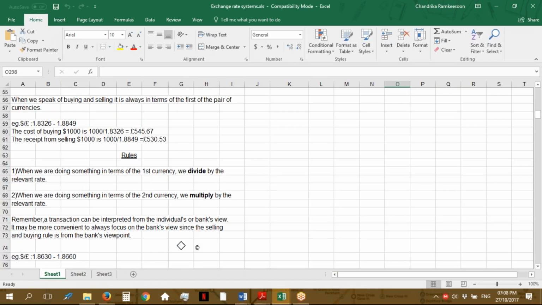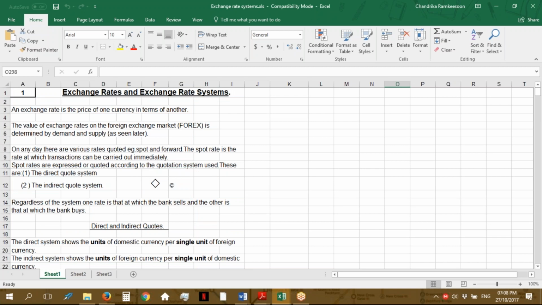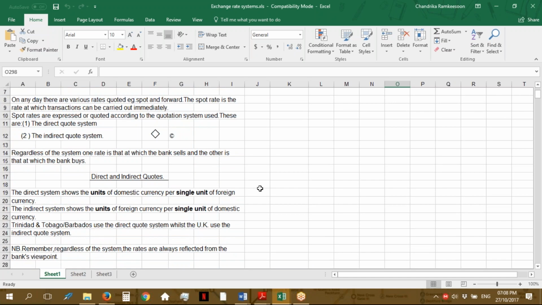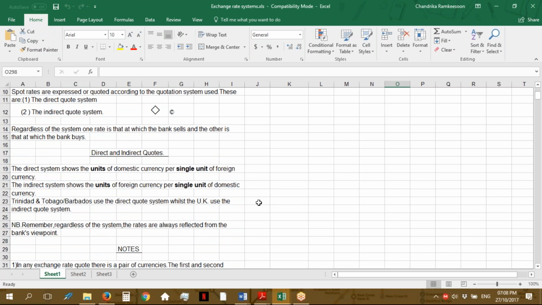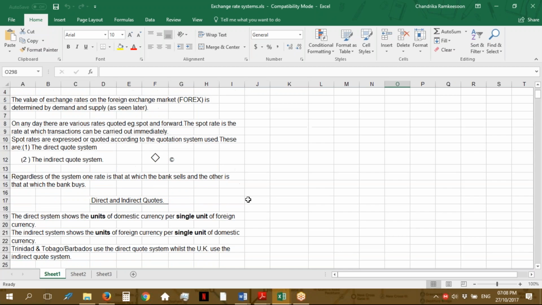For those of you who may have done F9 a while ago, or who may not have done F9 at all, this handout is intended to just review the basics of exchange rates. For example, what is a direct quote, what is an indirect quote, what is a selling rate, what is a buying rate, how do you know when you're selling and when you're buying, which rate is to be used, and so forth.